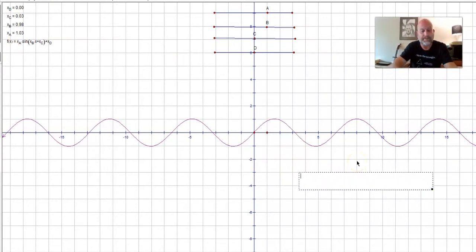Okay, so the function is f of x is equal to a sine of bx plus c, plus d.